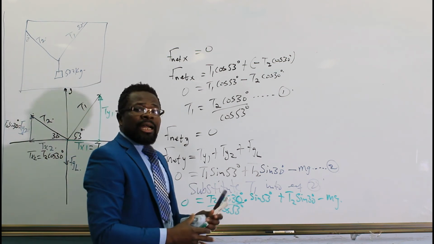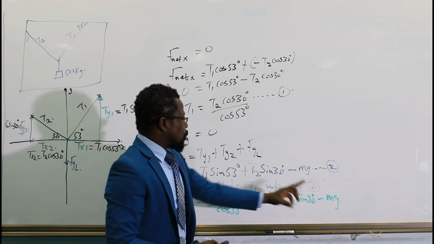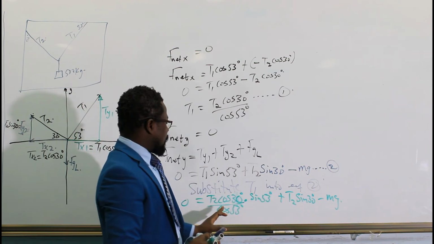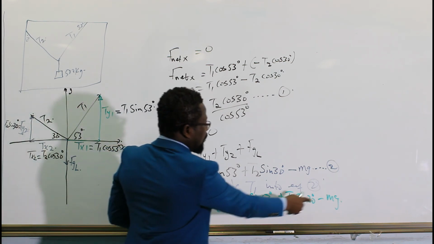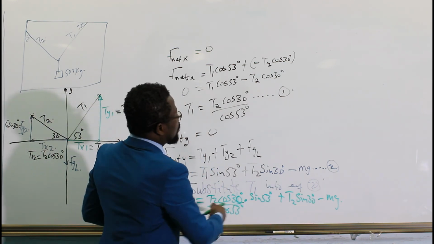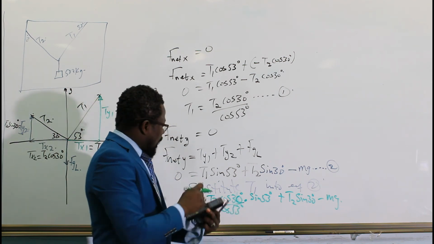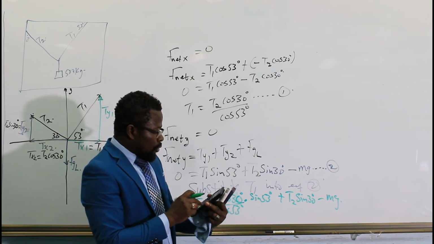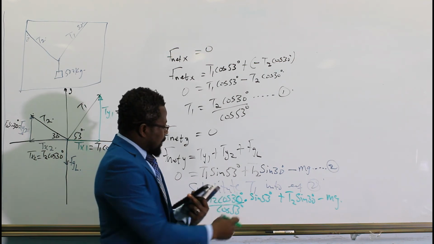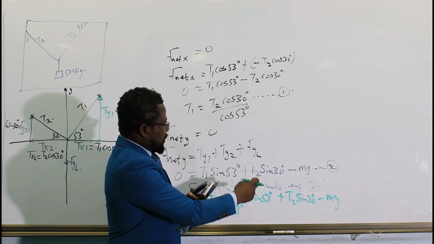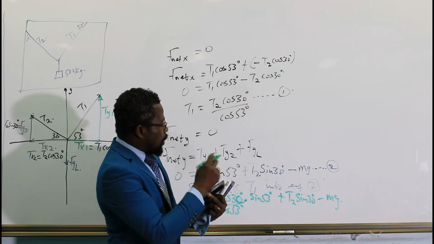Now we can see that we have everything in terms of T2. So we can solve for T2 from this point. Let's put the values there and work out what our T2 is going to be. Let's put that into the calculator. We have cos 30 divided by cos 53 degrees, and sine 53 degrees plus sine 30 degrees multiplied by T2.